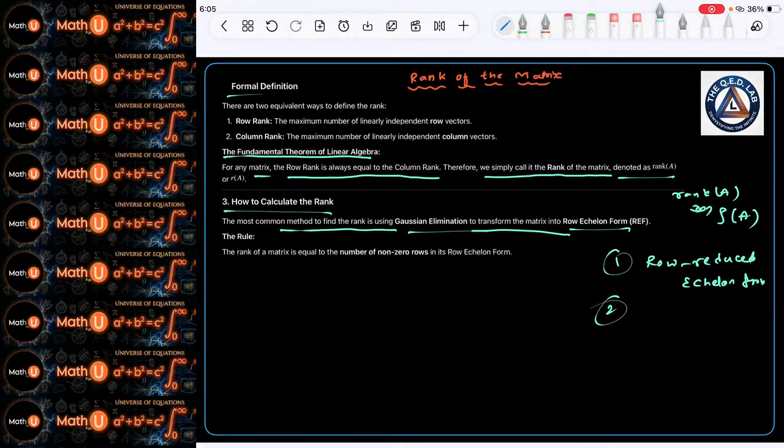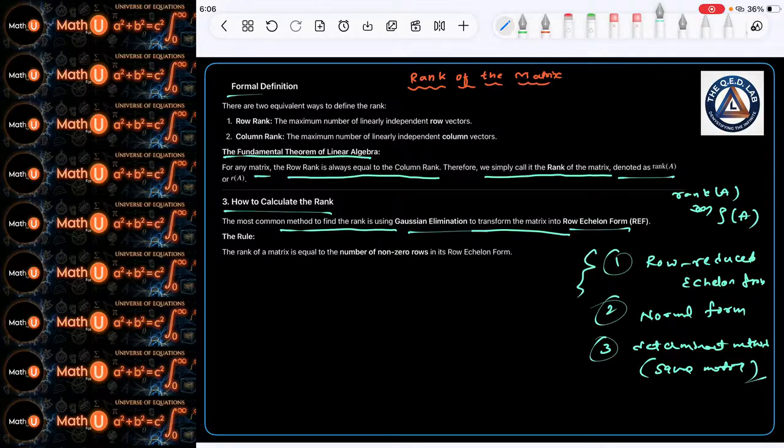Second is the normal form method. Third is the determinant method. The determinant method is applicable only for square matrices. But the row reduced echelon form method and normal form method you can apply for any order of the matrix. You should remember this point, very important.